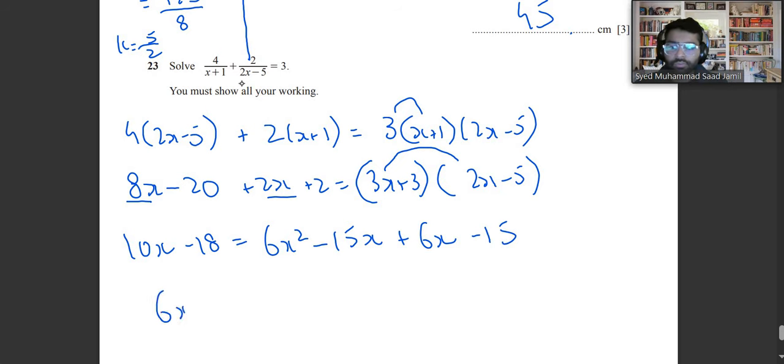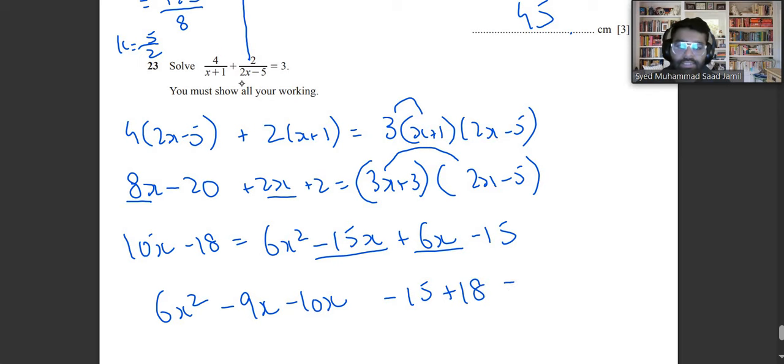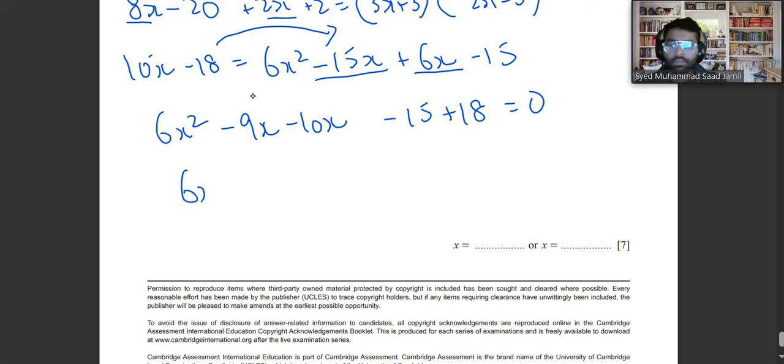So 6x squared minus 15x plus 6x, that's minus 9x, and we will bring 10x over, so minus 10x, minus 15 plus 18 equals 0 because we brought 18 over. 6x squared minus 19x plus 3 equals 0.